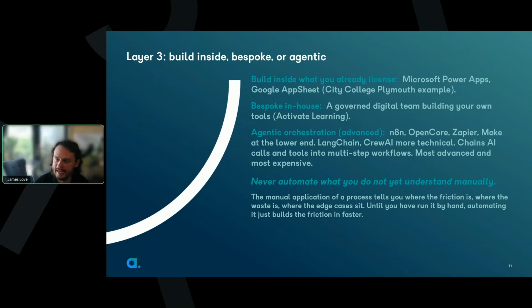Until you've run it by hand, automating it just builds more friction faster. And the cautionary tale here is not about don't use AI. I'm not suggesting don't use AI, but manually run the prompts that you're using, or manually run the tools, understand what they're doing, tweak them, improve them, and then look to automate. The same as you would with any change management.